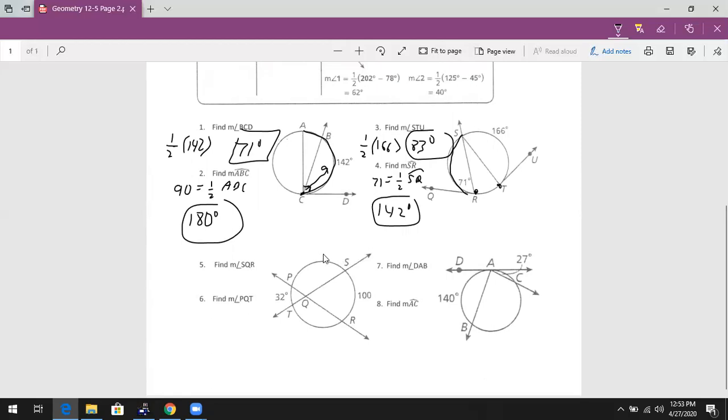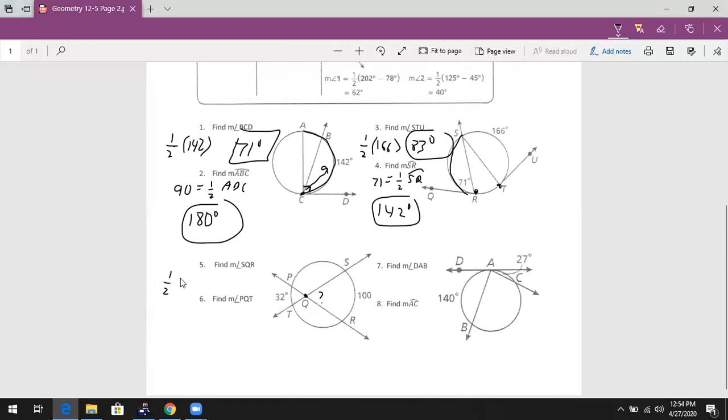Okay, 5 and 6. Find angle SQR. Well, now we ask our question, where do these lines or segments intersect? It's in the circle. When it's in the circle, the angle is half the sum.